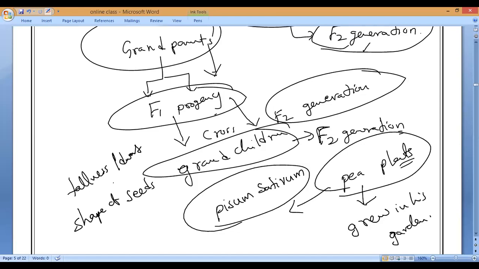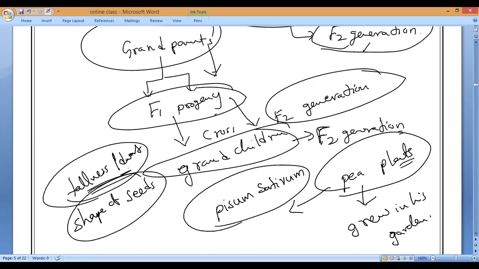He observed changes in the tallness and dwarfness of the plants and the shape of the seeds, with different seeds appearing in different generations. So he investigated a lot of experiments on these pea plants, and found the shape of the seeds, round or wrinkled, and the color of the seeds, yellow and green.